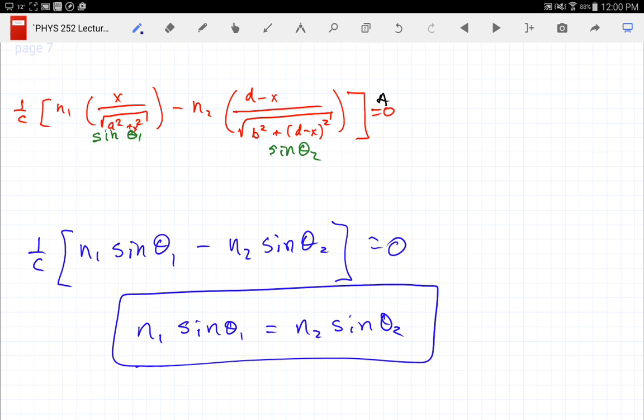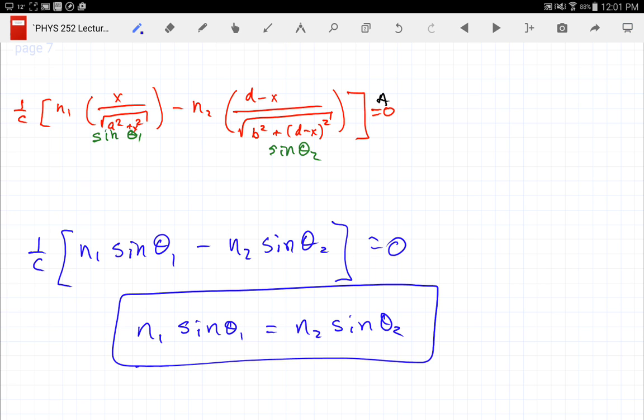So using calculus and Fermat's principle about how light travels, we get the conclusion of Snell's law, which is not proving Snell's law.